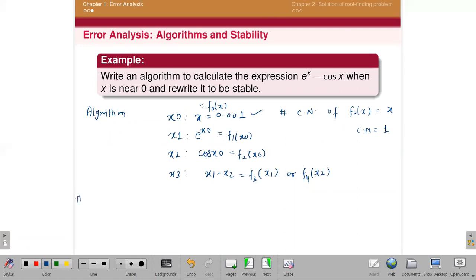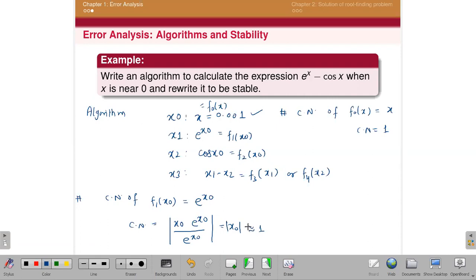So now if I find the condition number for f1 at x naught, it is e raised to power x naught. So the condition number is: x naught is the variable, the derivative will be e raised to power x naught, and divide by its function. So it is x naught. So x naught is always near to 1. So that will be near to 1. You can write, for this particular value also, for any other value also, that will be near to 1.